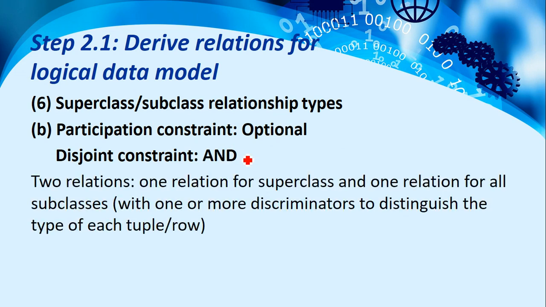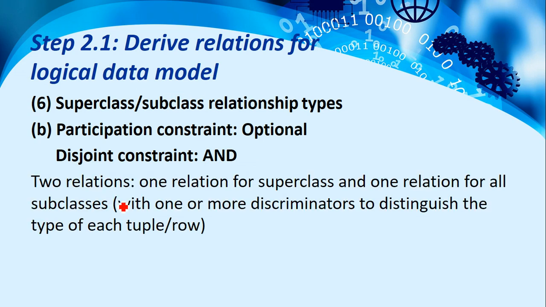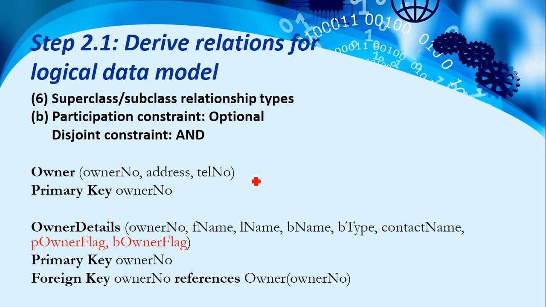Okay, so next we have participation constraint, in which optional, and then disjoint constraint and. So two relations. So mangyayari is, in deriving the logical data model, dalawa yung relation na ma-derive natin. One relation for the superclass, and the other relation is for the subclasses. So here's an example. Owner, ito yung sa superclass.